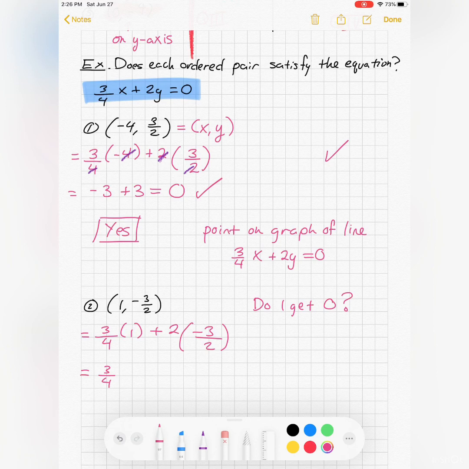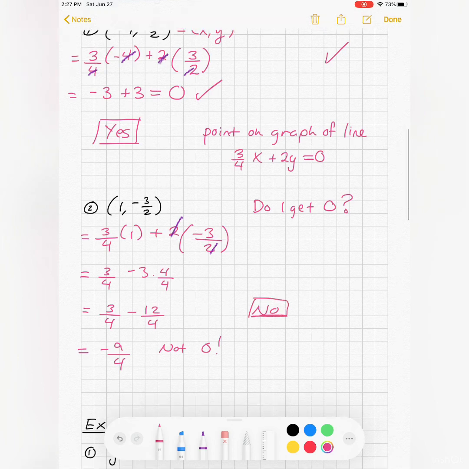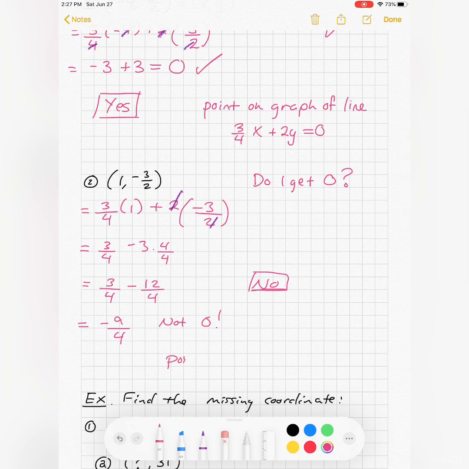So 3/4, 2's cancel, minus 3. LCD. It's -9/4, so that is not 0. So my conclusion is no. The ordered pair does not satisfy the equation. So what that means graphically is that point is not on the graph of that line.